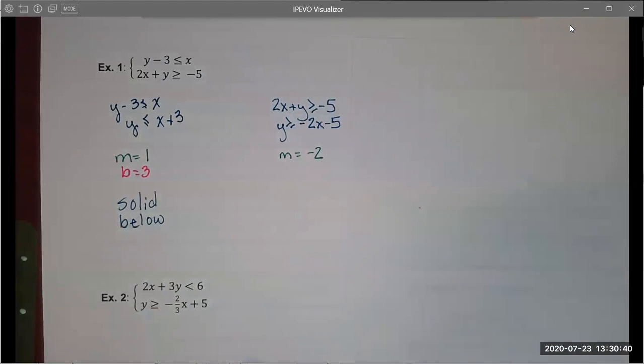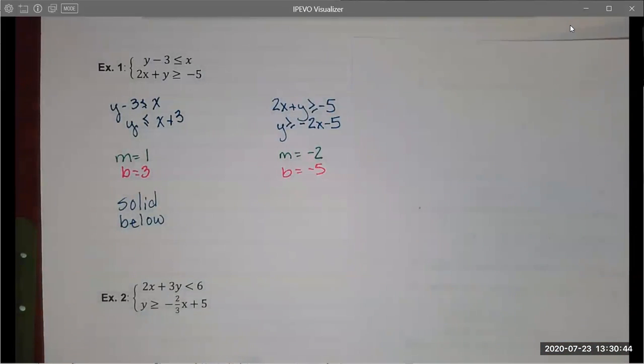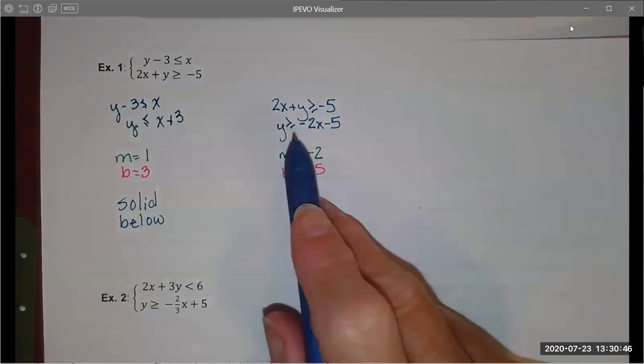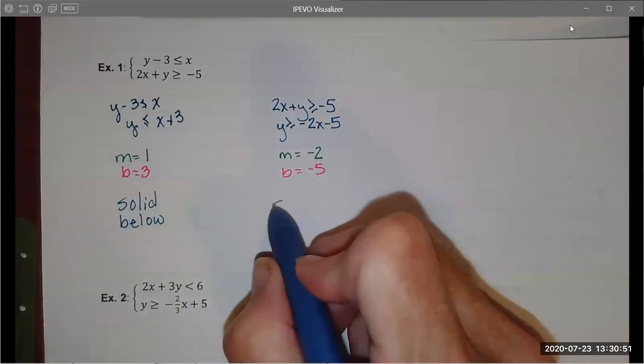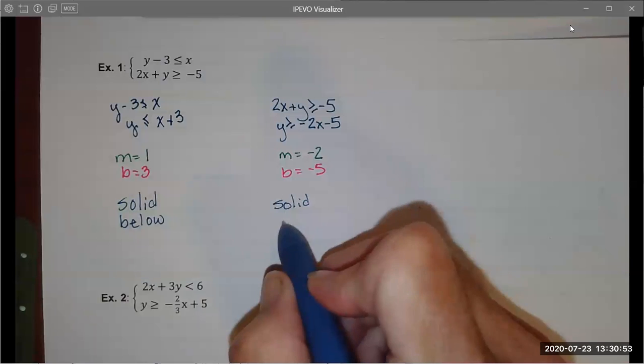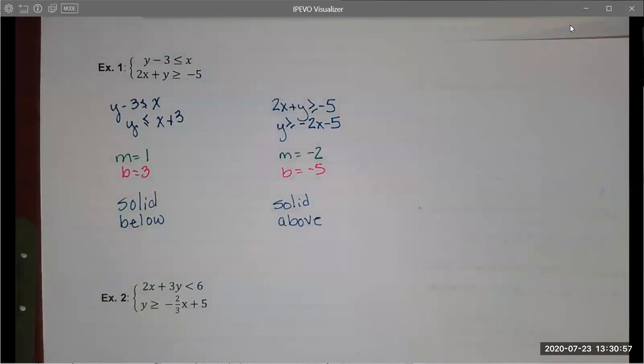And I'm going to identify my y-intercept. I notice for this one that I am again creating a solid line, but I am shading above. So I have all the information I need to represent the solution sets for each individual inequality.